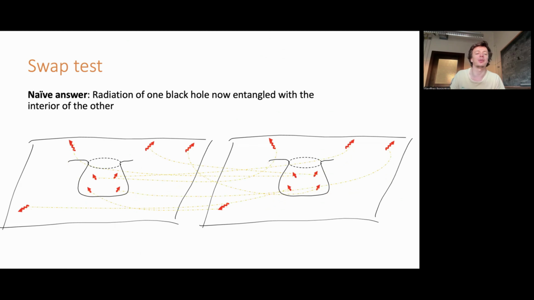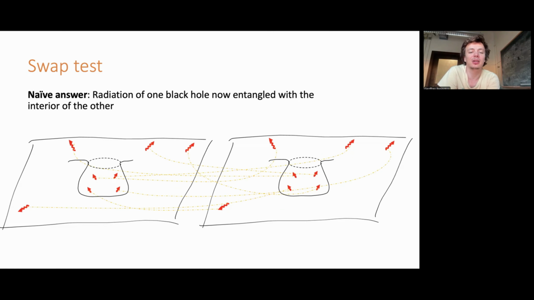Okay, so let's do that. So we take our radiation on one copy of a black hole and we swap it with radiation on another copy of a black hole. So that's what I just did. And you'll see that the state looks pretty different from before. So previously, the interior of this black hole was entangled with the radiation of the same black hole. But now the same interior is entangled with this other copy of the radiation over on the right-hand side.